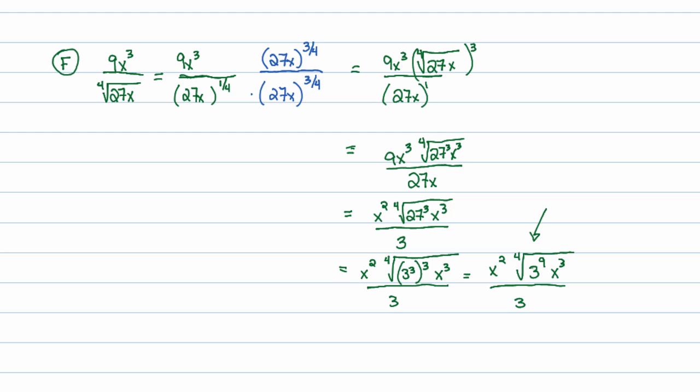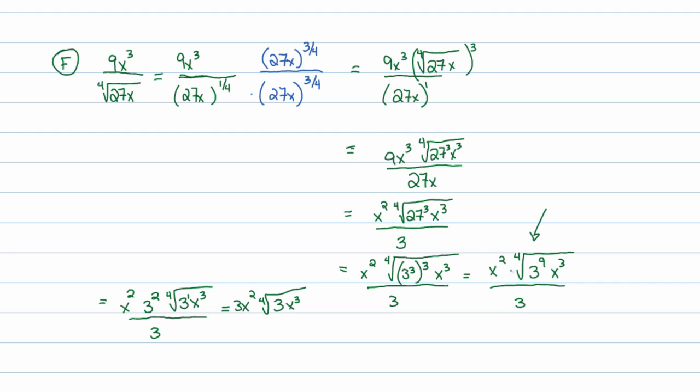So in other words, this simplifies into x squared, 3 squared, the fourth root of 3 to the first, x to the third, all over 3. And now we can do one last simplification. That's x squared times 3 times the fourth root of 3x cubed all over 3, or no, not all over 3. What am I talking about? We just cancel that. So there we go. That would be the final answer.